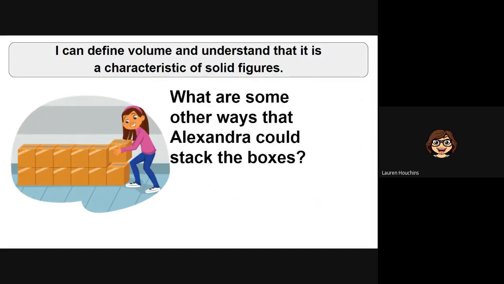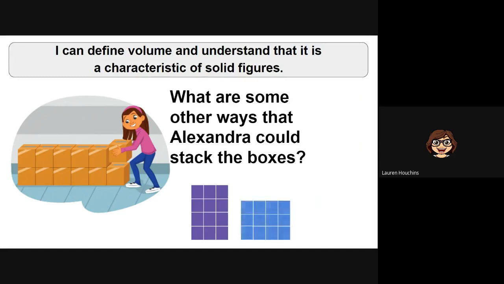So what are some other ways that Alexandra could stack these 12 boxes? She could stack them like this, 4 rows of 3.